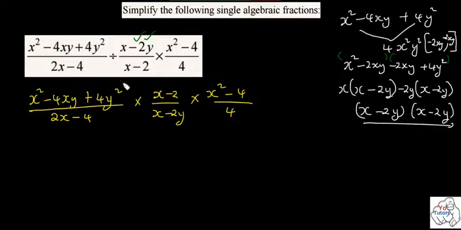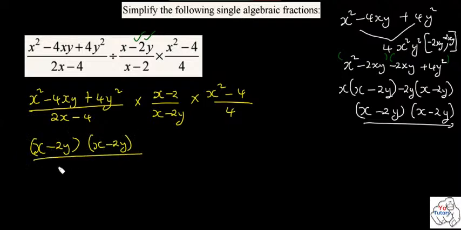Okay, so we are done with this part. Then this one here is not going to be a big deal, and neither is this one. So let's rewrite our problem now. x minus 2y, x minus 2y. Then here we go 2, then x minus 2, multiplied by x minus 2 over x minus 2y.